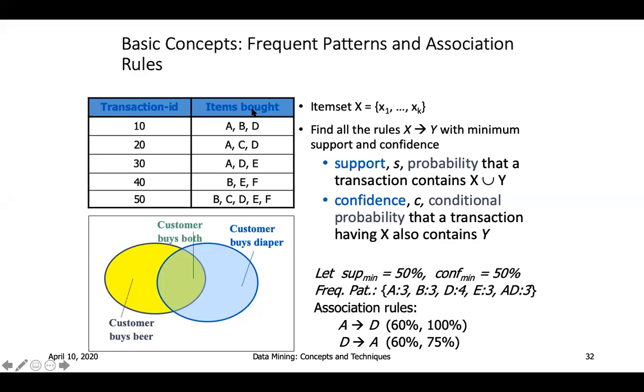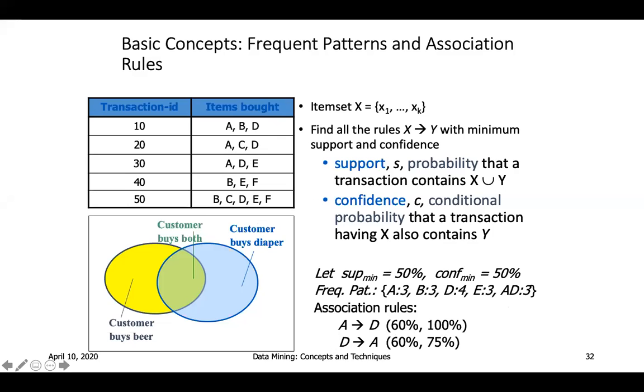And D is almost 100%. The frequency of A is total 60%. But what is the frequency if A is purchased then D is also purchased? 100%. Okay?